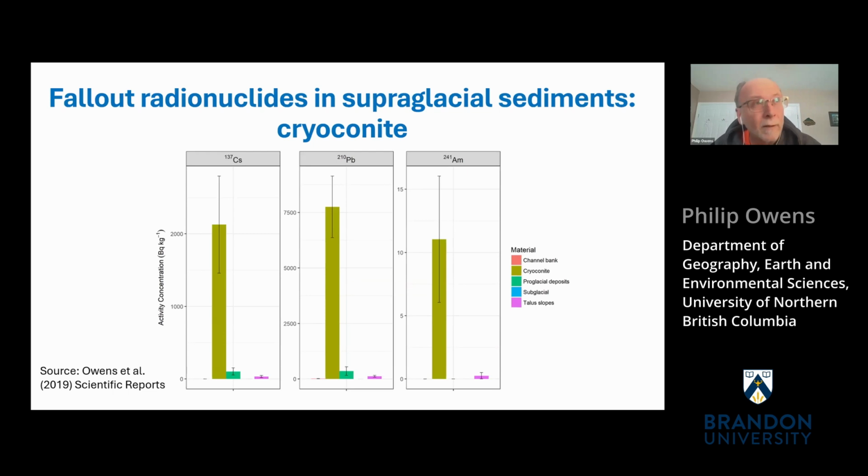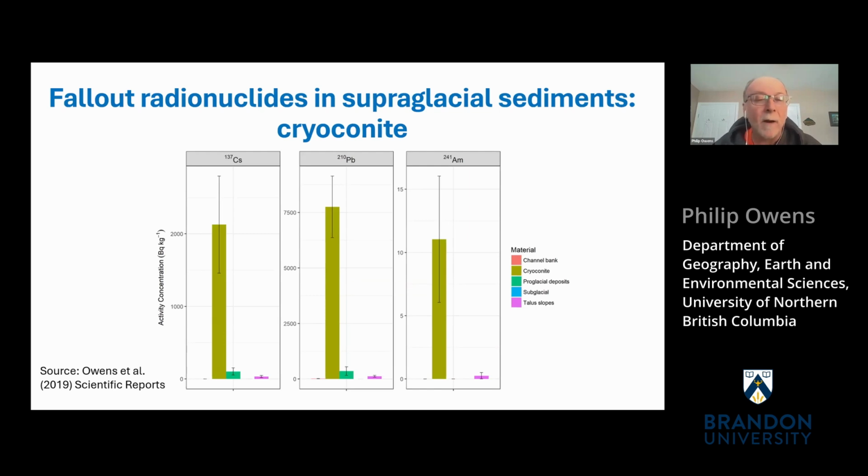I was able to walk into one of the tunnels that was coming out of the glacier at the snout. I also got some material from the surface of the glacier, this cryoconite, and then other local channel bank material. And as you can see, the values associated with this glacial material, the cryoconite, are orders of magnitude greater than anything else. We were a little bit surprised by that, I have to admit.